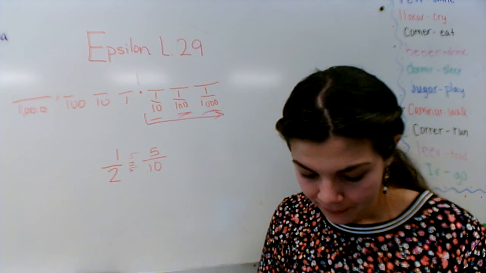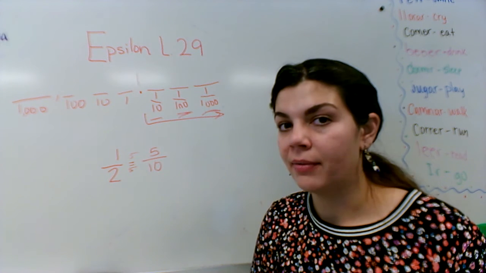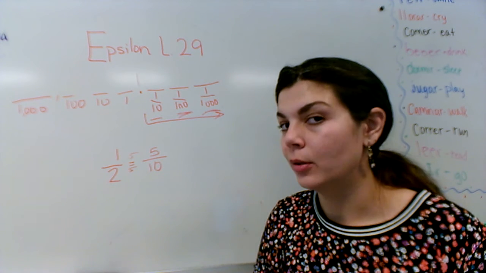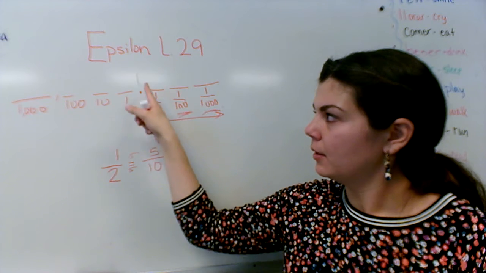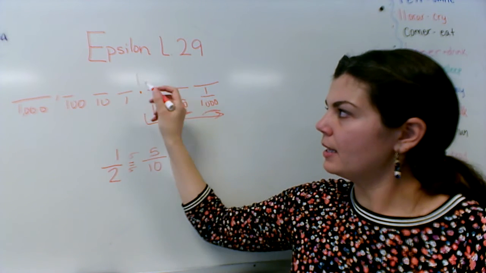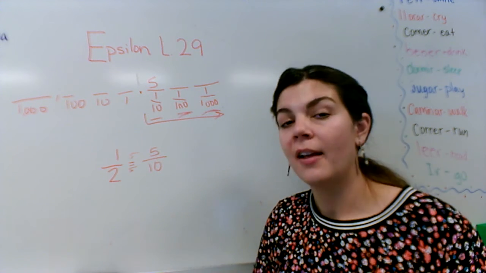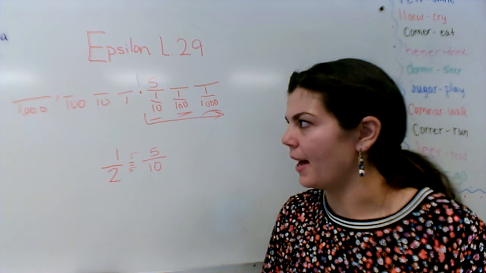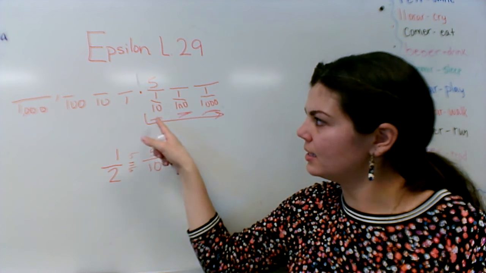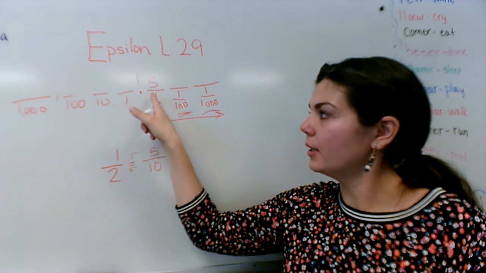5 tenths. Now, what would this be if I wanted it to be a decimal? 5 tenths. Right up here, I go to my tenths place. I would put a 5 in the tenths place for 5 tenths, because this equals tenths. 1/10 right here.